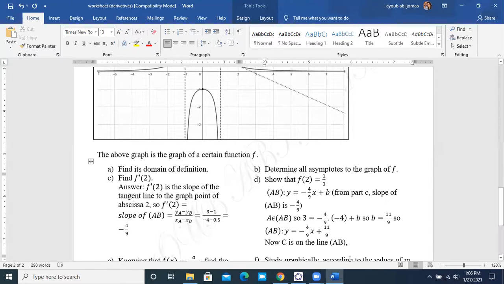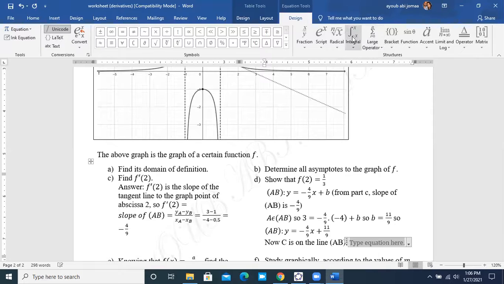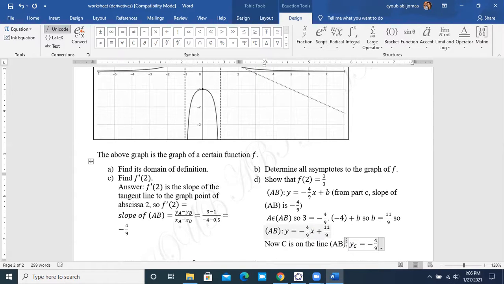So here I can say y of C is equal to, replacing x by 2, negative 4 over 9 times 2 plus 11 over 9.